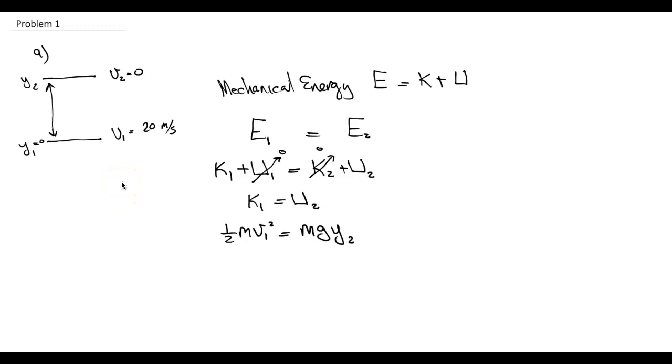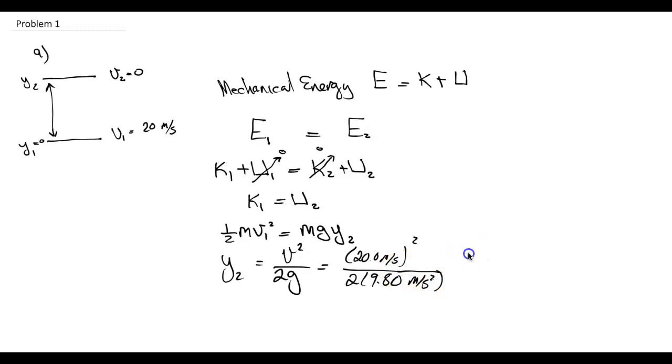So y2, if we solve from the equation, we get that y2 equals v squared over 2g. And these values we know, so we have 20 meters per second quantity squared divided by 2 times 9.80 meters per second squared, and that gives us a maximum height of 20.4 meters.